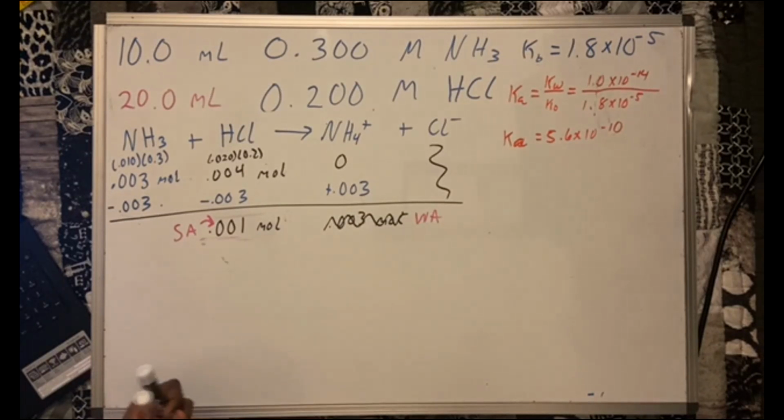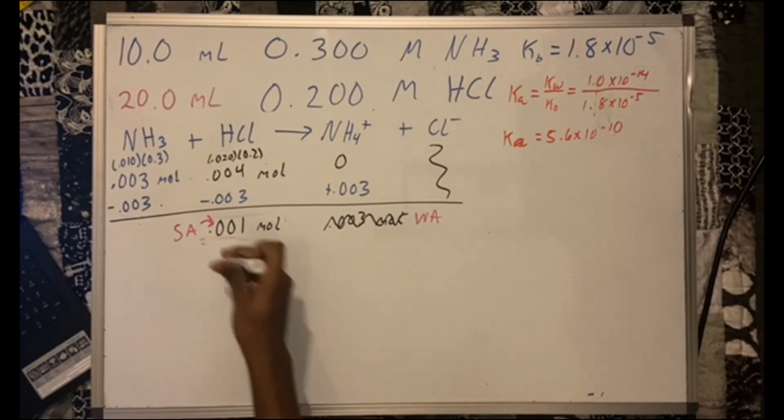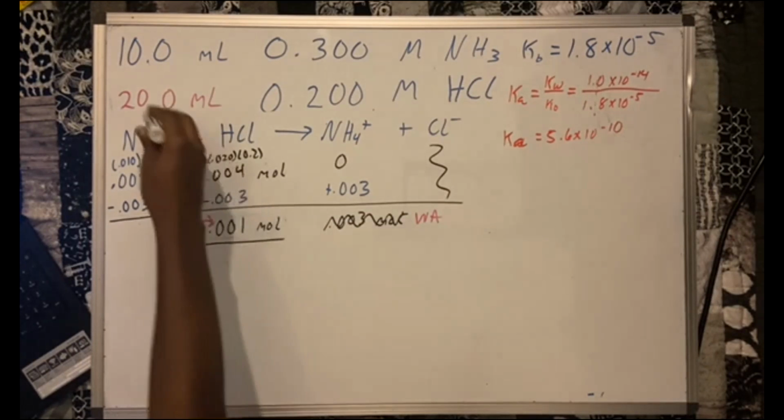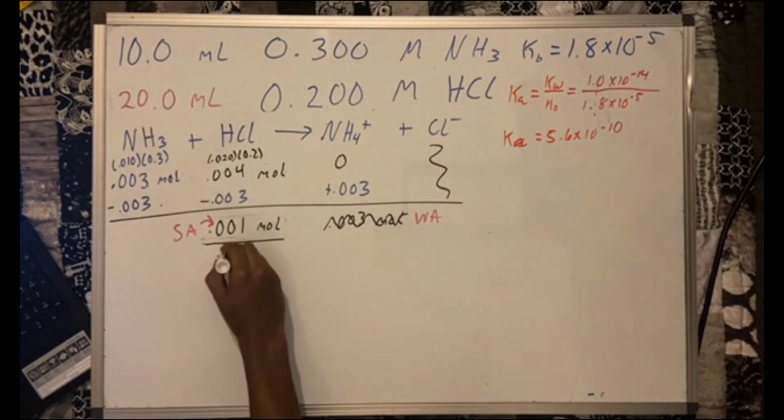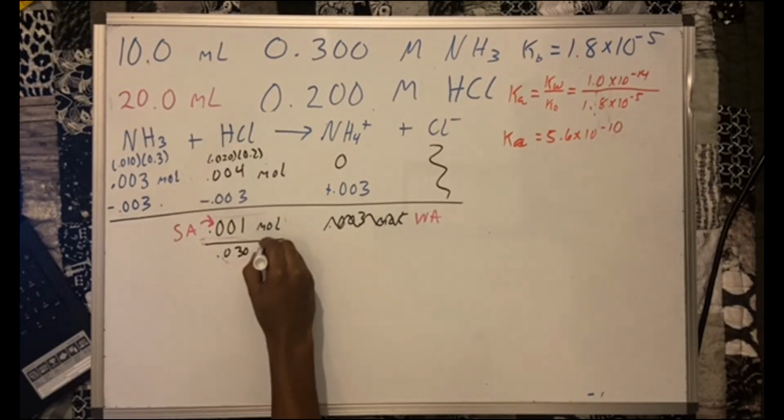But again, I need concentration. So divide this by my total liters again. So I have 30, so 0.030 liters.